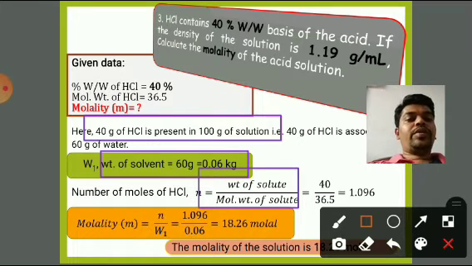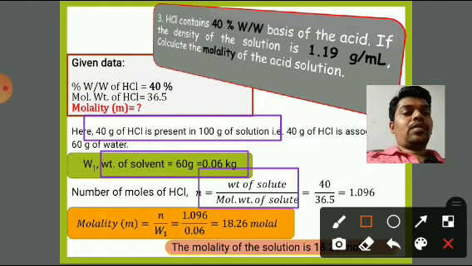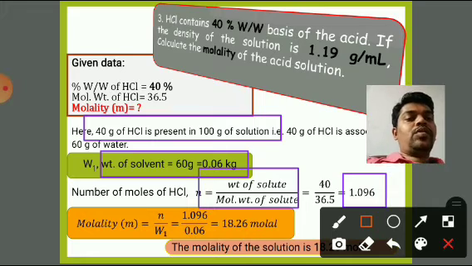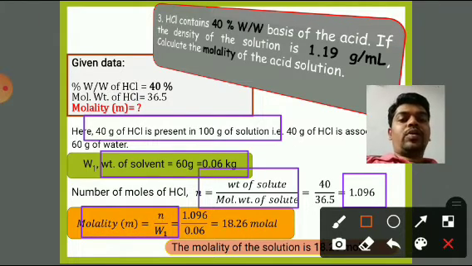After calculating this ratio, we get 1.096. So that many moles of HCl are present in that solution. Now we have to consider the formula for the molality, that is small m equal to n upon W1.